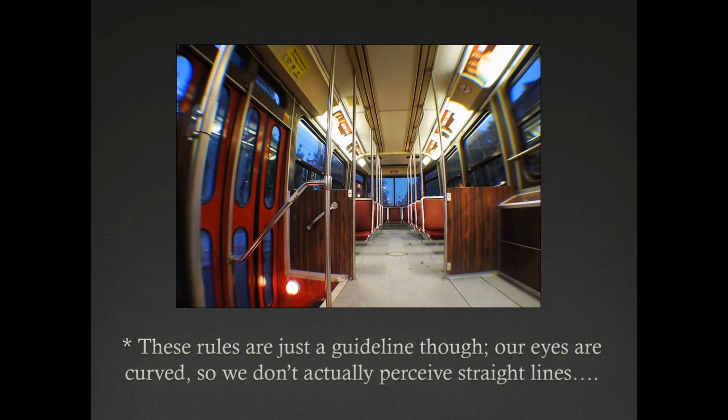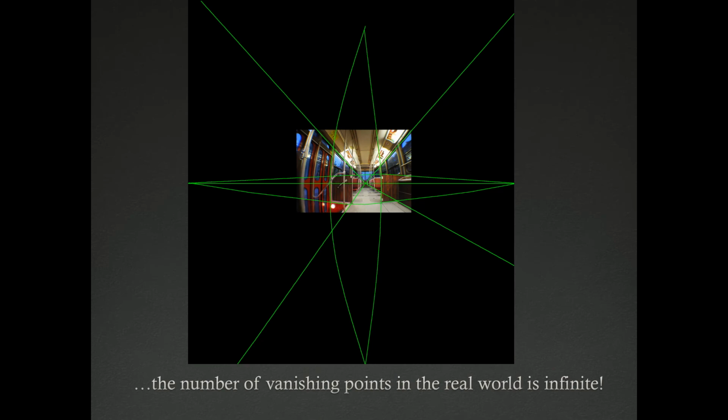Okay, these rules are just a guideline. Our eyes are curved just like the lens of a set of glasses or binoculars and cameras, and so we don't really perceive straight lines, even though there are objects in an image like this, like these poles and the ceiling.